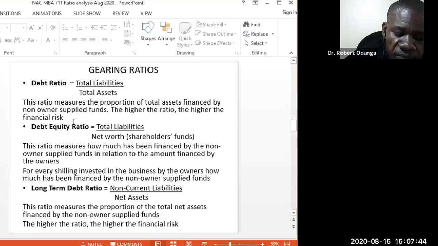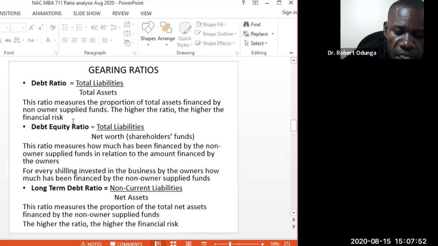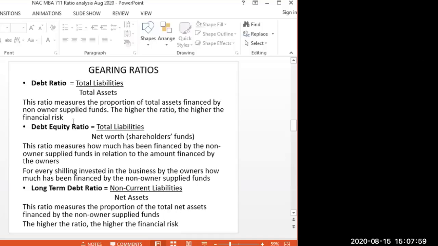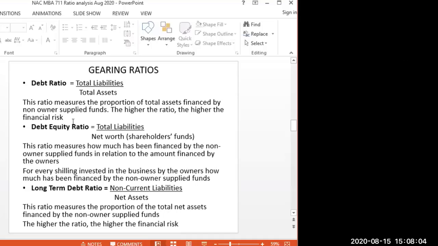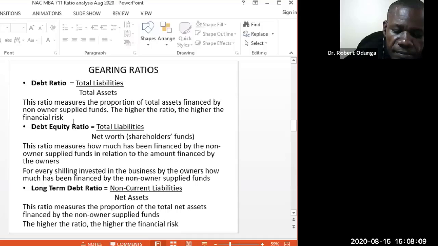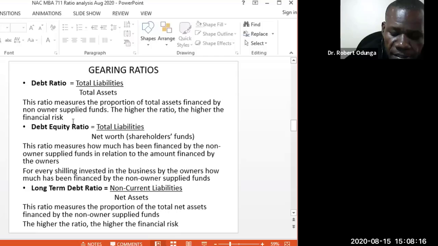The debt ratio is total liabilities over total assets. And then the debt equity ratio is equal to total liabilities over shareholders' funds, or net worth.